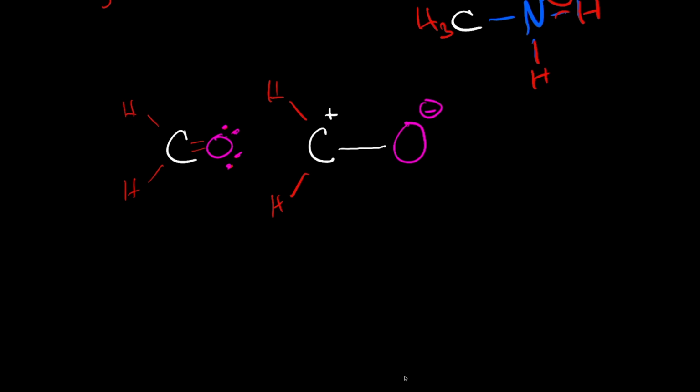And the reason no one's going to tell you that's wrong is because it is correct. How's that for some logic right there? You still have an octet, okay? You still have 1, 2, 3, 4, 5, 6, 7, and 8 electrons around oxygen.